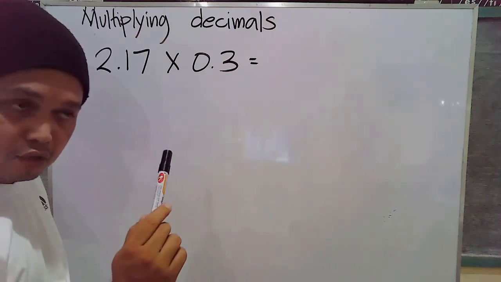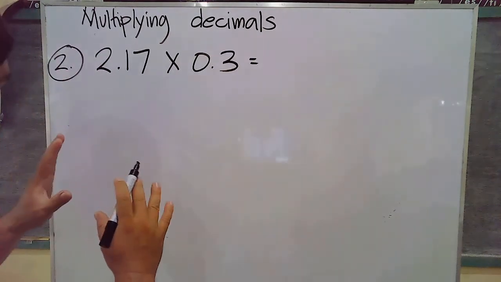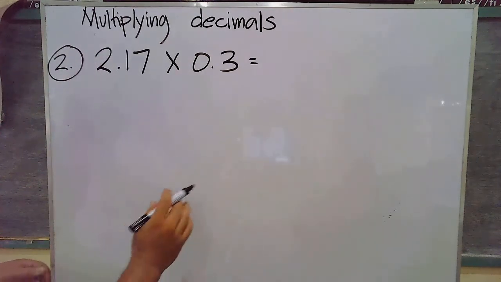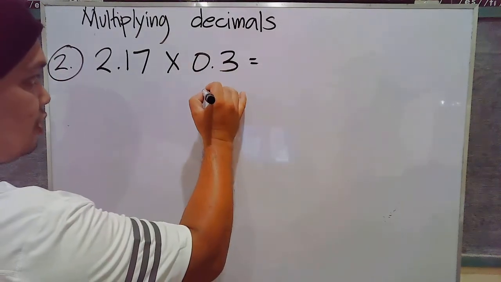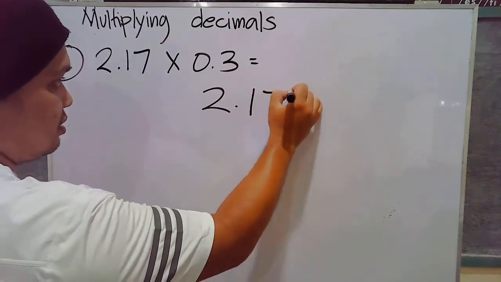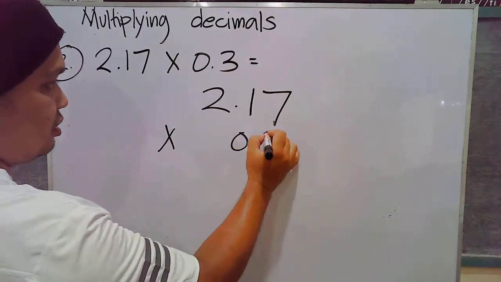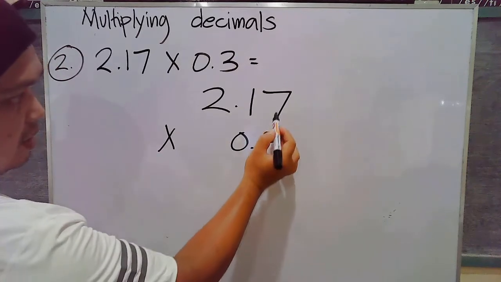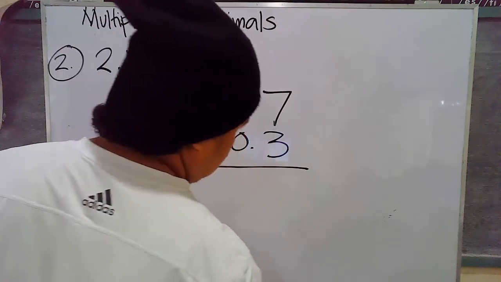Okay, so let me explain that. First, to multiply these decimals, arrange the numbers in column. We have here 2.17 times 0.3, making sure that the last digits are aligned.